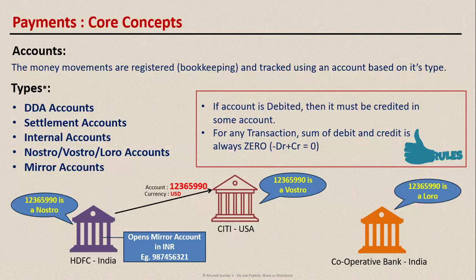HDFC's job is to make the payment. It is the importer's bank, whereas Citi USA is the exporter's bank. These two banks are the intermediaries. When the bank takes the payment from the importer, it submits that payment to the exporter's bank, and the payment has been done.